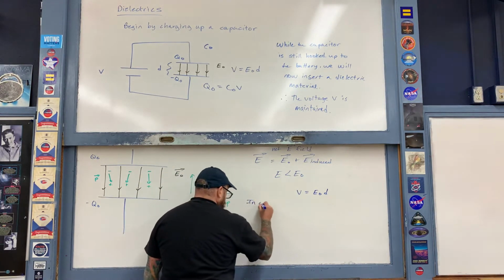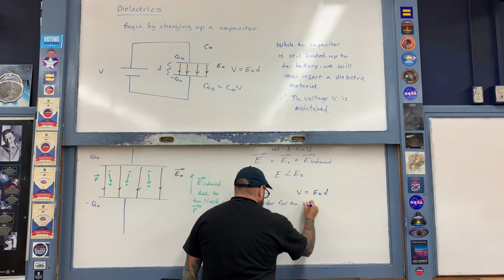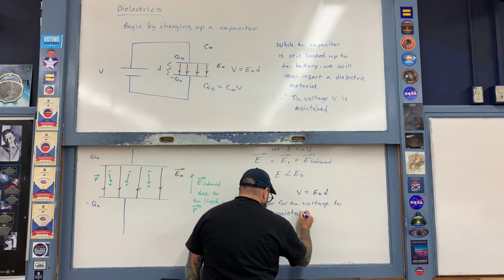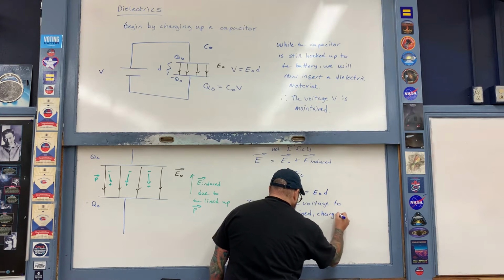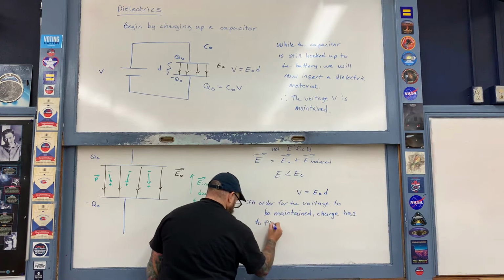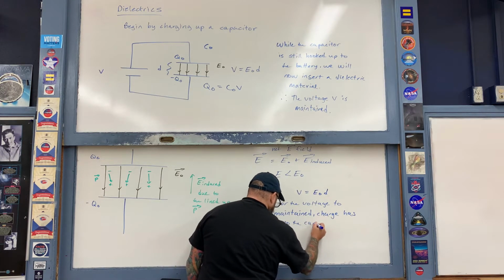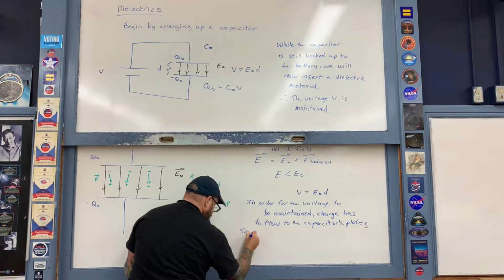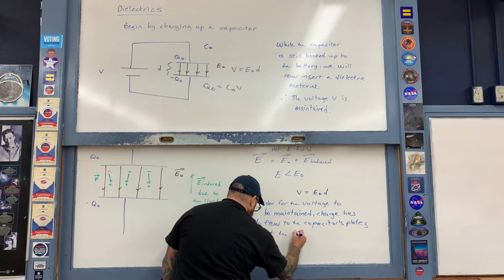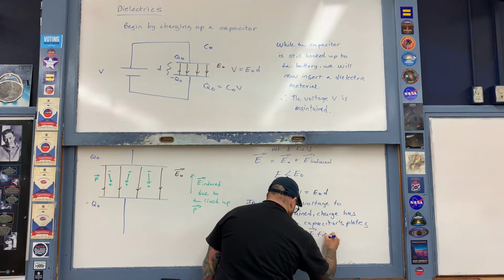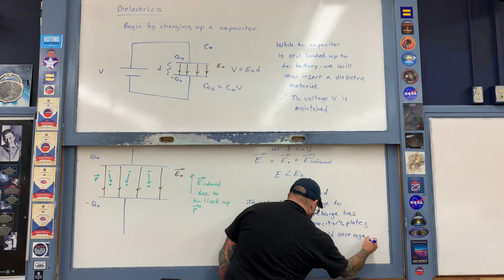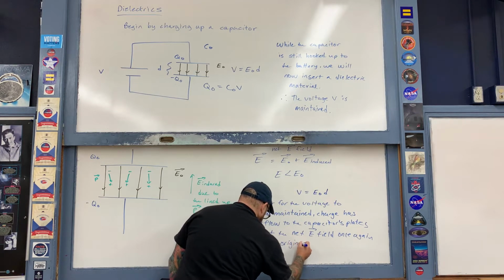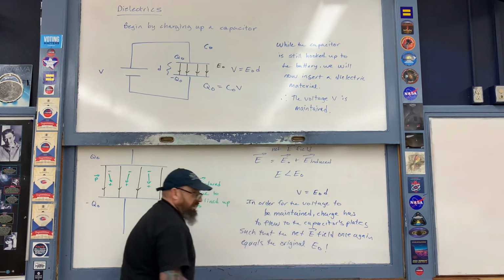So in order for the voltage to be maintained, charge has to flow to the capacitor's plates, such that the net E field, once again, equals the original E naught.